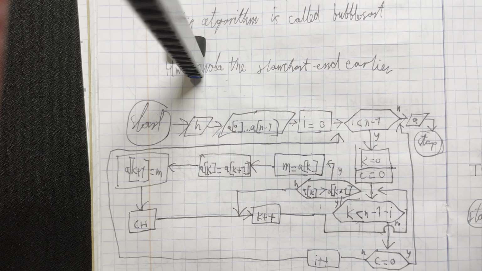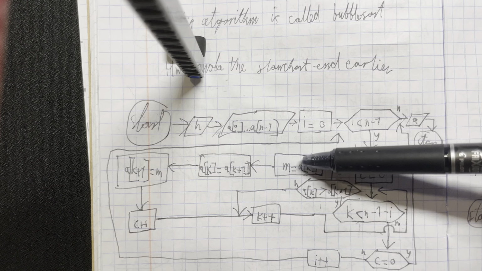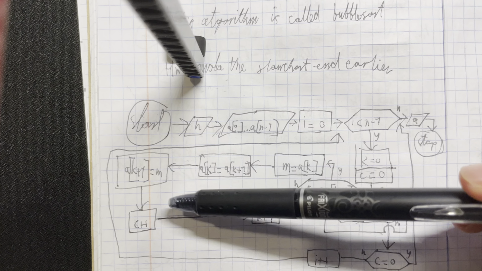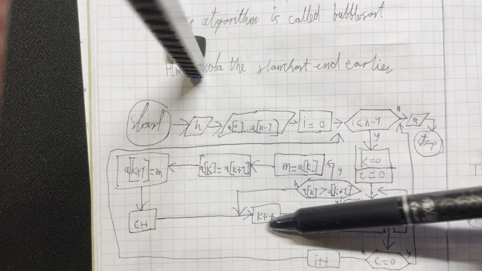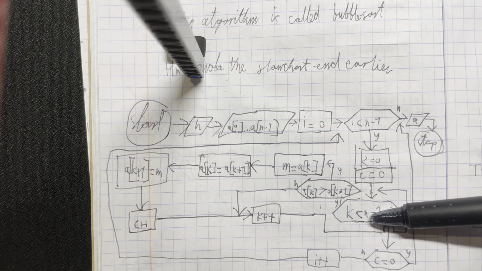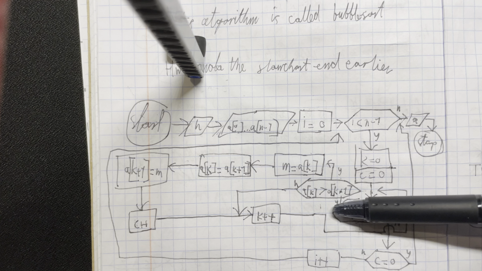Like you can remember some of these chains of orders of doing things. So we do the swap, we increment k, and then we go back, and we do this all the time.